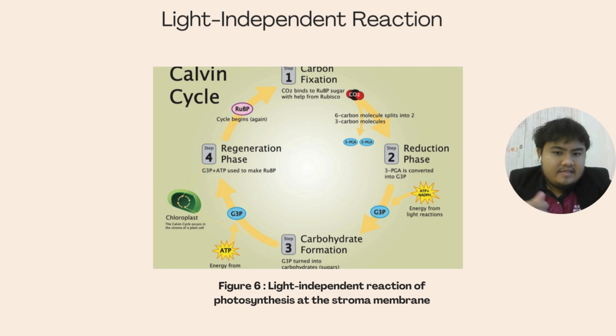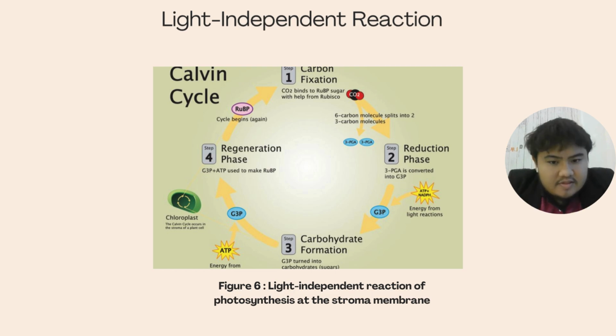The last stage is regeneration of RuBP. This rearranges the carbon skeleton of five G3P molecules into three RuBP molecules. This reaction requires 3 ATP molecules, and it needs 3 molecules of carbon dioxide.